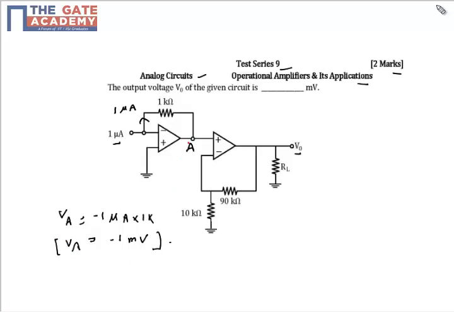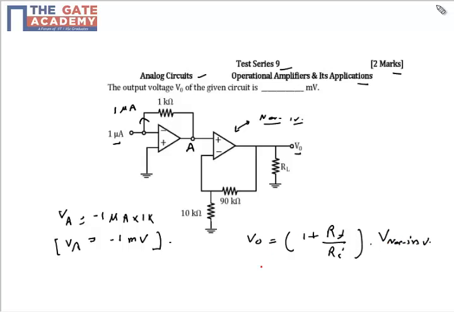Now you can see that if you have VA, this network 2 is nothing but a case of a non-inverting amplifier. The output of a non-inverting amplifier is 1 plus feedback resistor RF upon input resistor RI times the voltage at the non-inverting terminal.